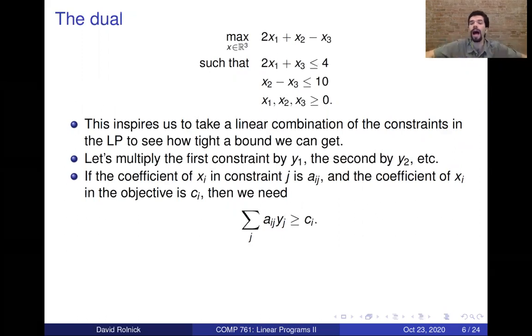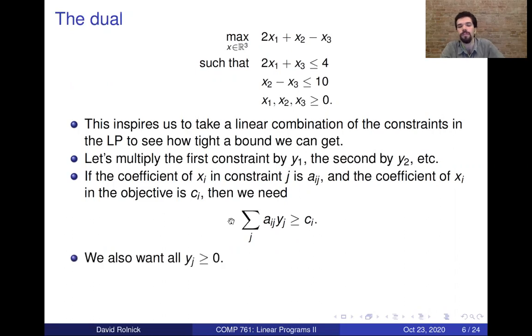We want to find y1, y2, and so on that gives us this, because that would give us an upper bound. We also want all of these y's to be greater than or equal to 0. Why is that? Well, it's just because we don't want to flip any of these inequalities. We never want to multiply a less than or equal to by something negative, because then it would turn into a greater than or equal to, and we wouldn't be able to combine them. So we want this condition to hold. We also want this condition to hold.